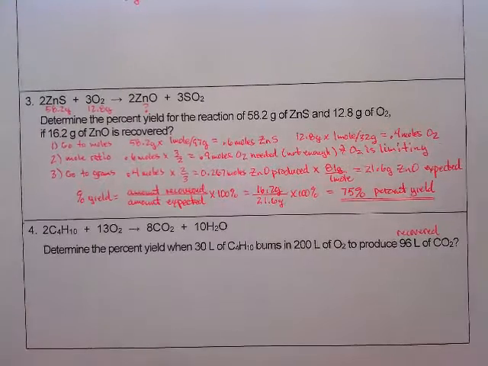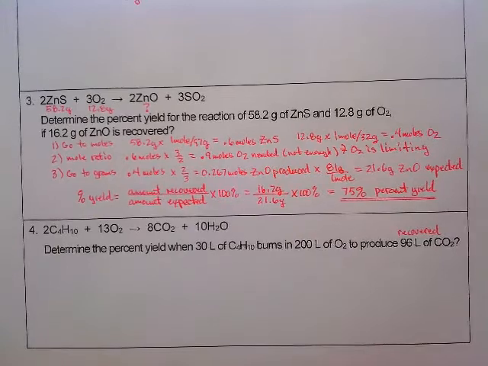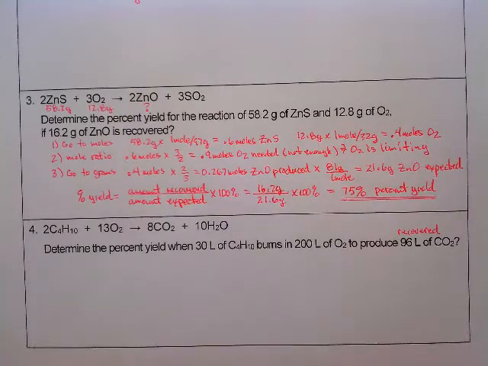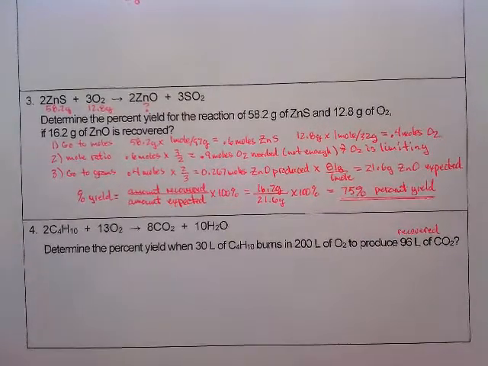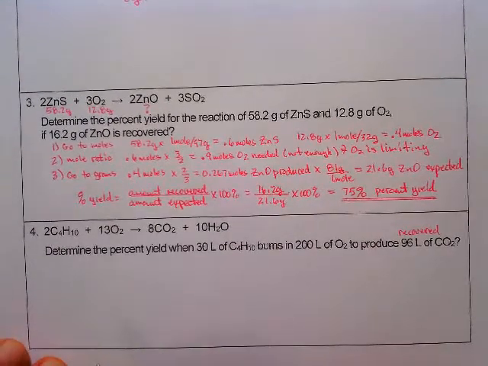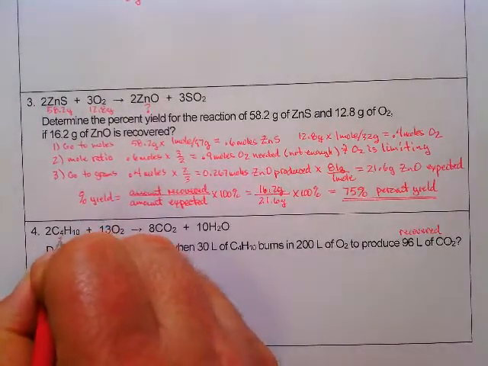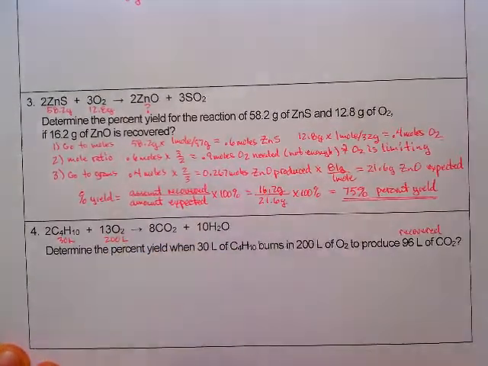But because everything is in liters, I can actually skip a couple of steps, because to go from liters to moles, I would divide by 22.4, and then to go from moles back to liters, I would multiply by 22.4. No use to do all those steps. It's kind of like the volume problems. All I need is the mole ratio. So let's first see which one is limiting, because I have 30 liters here, and I have 200 liters there.